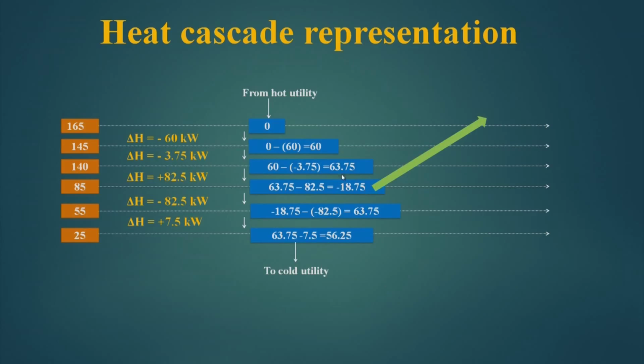Now, this is minus 18.75, the maximum negative value. So, to make this heat transfer feasible, we have to add 18.75 units of heat from the top. So, we add from the top 18.75 that crosses this temperature level 165.